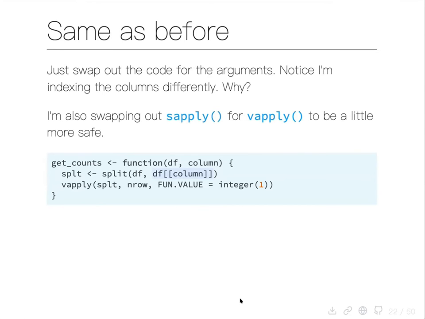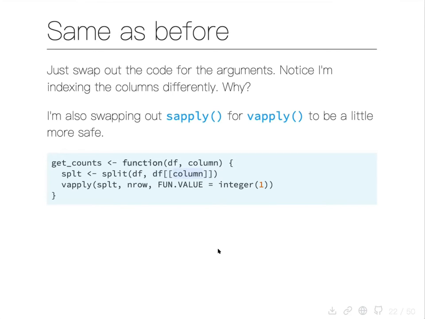I'm doing it this way because I can't use the $ like that within functions, because $ is actually a form of non-standard evaluation. If you wanted to do that, you would have to do a lot of other complications. But you can get around that by doing this. It's going to give you the column just like the other one, as long as column here is a string saying the column name.